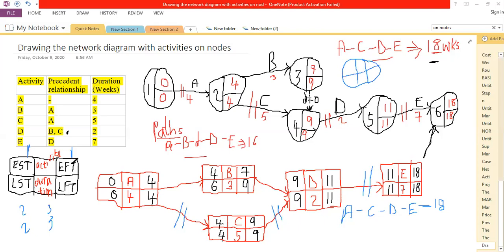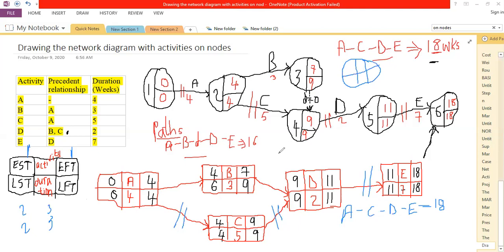And if you have reached a point of comparison, remember we are picking the largest figure, okay? And then the latest finish time, moving backwards, if you are making a comparison, you pick the smallest figure, or the smaller figure for that matter.